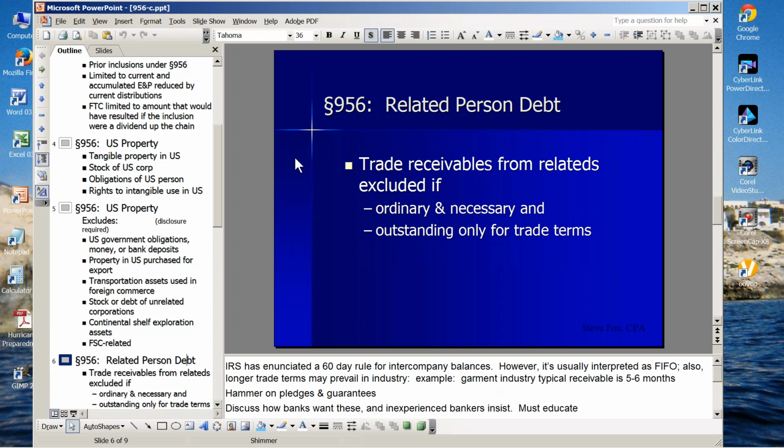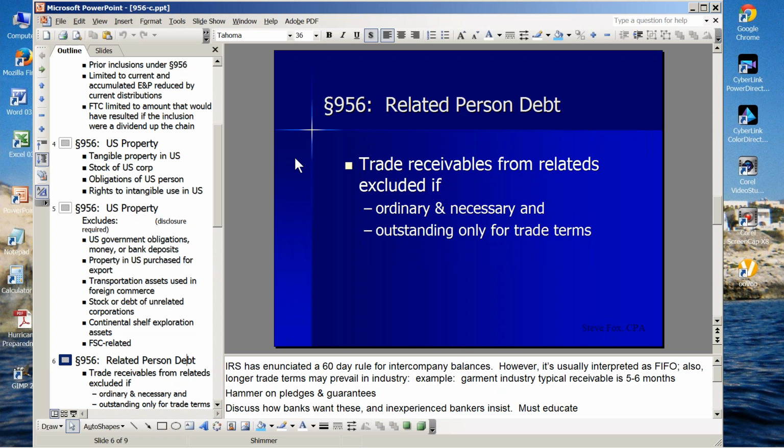Now, these can be receivables for sale of goods or receivables for services. Doesn't matter. If it's just ordinary trade receivables, then it's excluded. Now, the IRS has, in a published ruling, said there's a 60-day default rule, if you will, for intercompany balances. This default rule is usually interpreted as first in, first out.